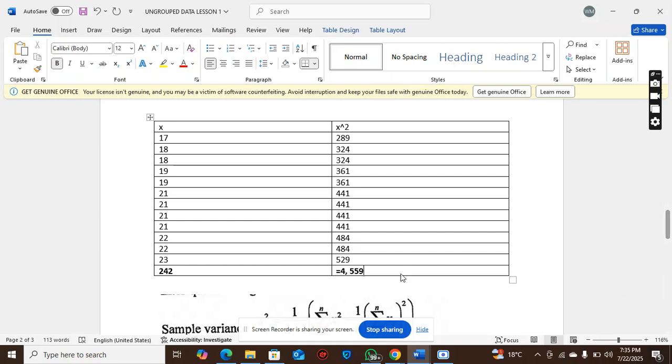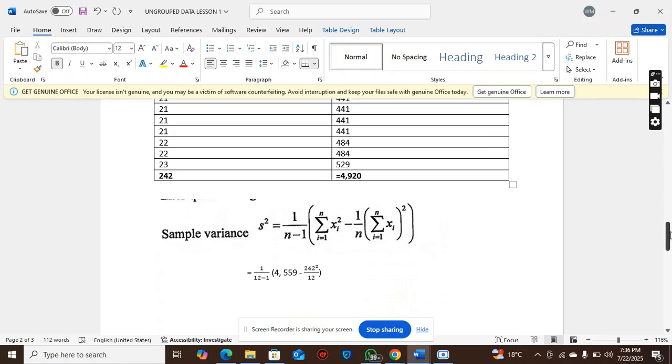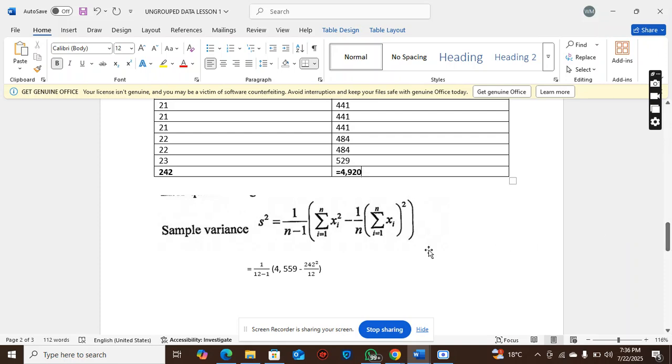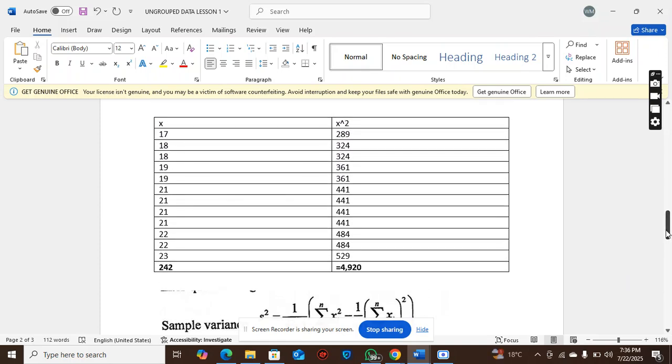So it's 4920. How many are finding 4920?